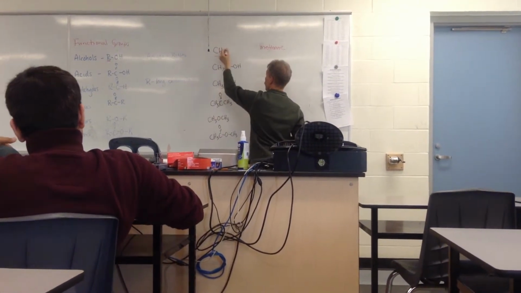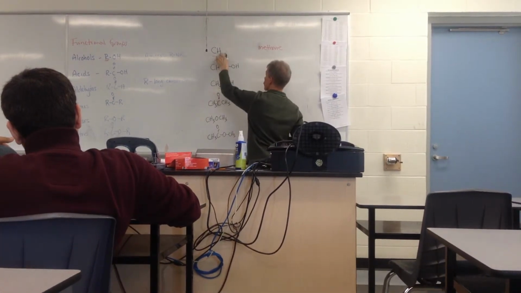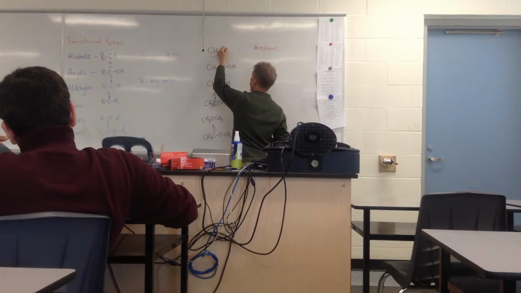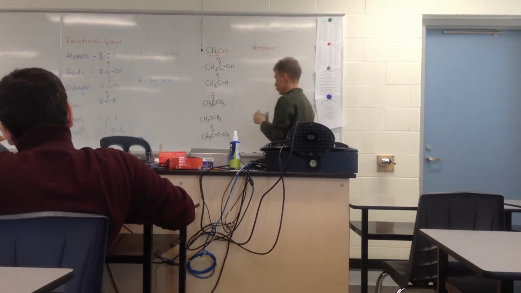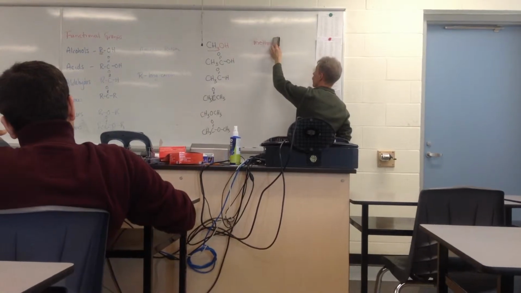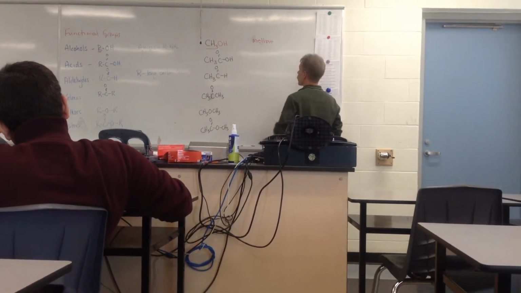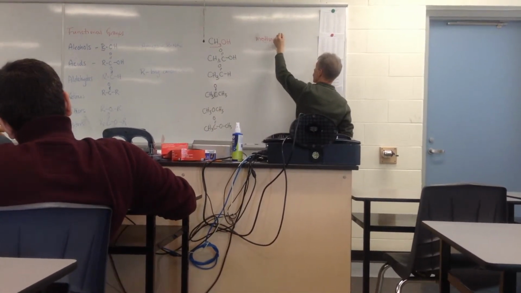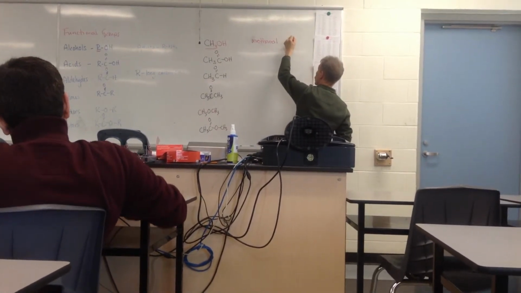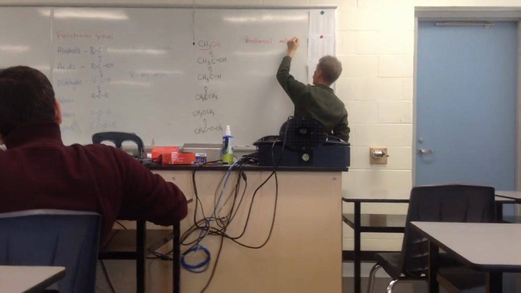All right? But I'm going to put something on there that changes the characteristic. I'm going to put on an OH group. Well, an OH group means that you no longer have methane, you have methanol. Or you can call it methyl alcohol.